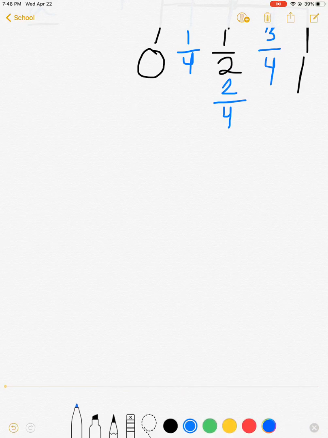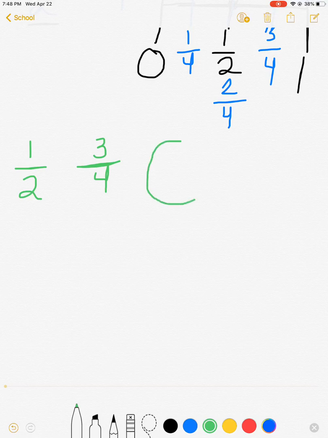We could also draw pictures to help us have a visual model of these fractions. Let's take the same fractions, 1/2 and 3/4. Now I'm going to shade in 1/2 of our circle.